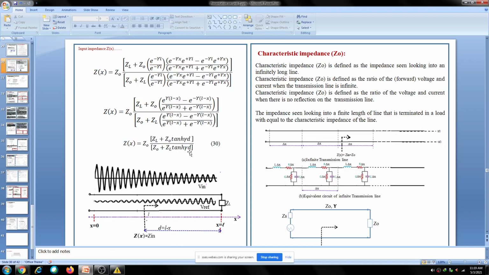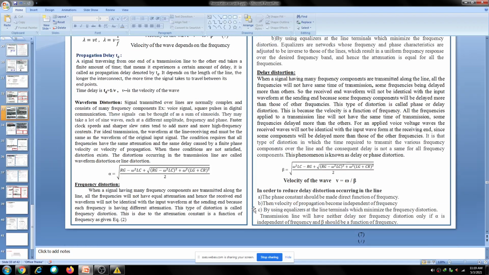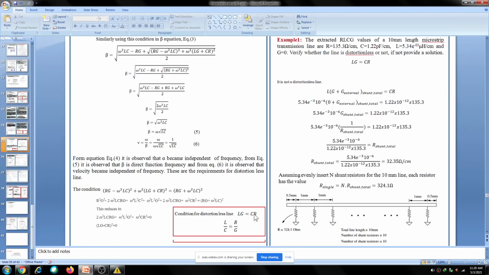This equation you should take. Only the load may be different. ZL may be 0, ZL may be infinity, or it may be equal to Z0, but this equation remains the same. For those cases, the impedance changes. If ZL is 0, then this is the equation.